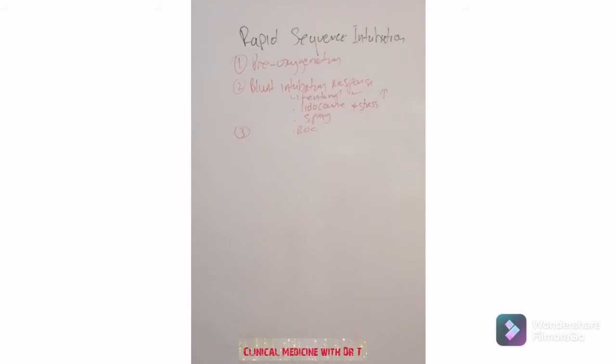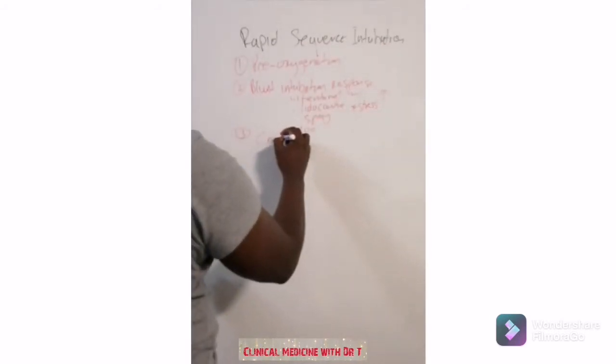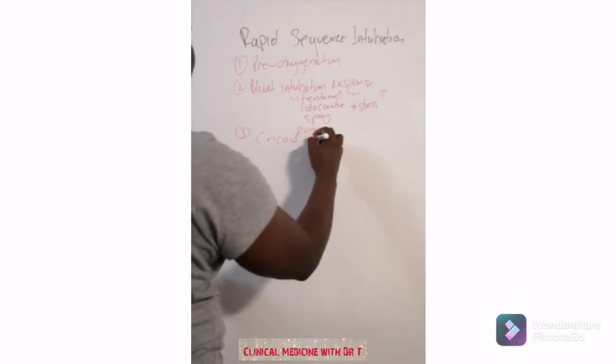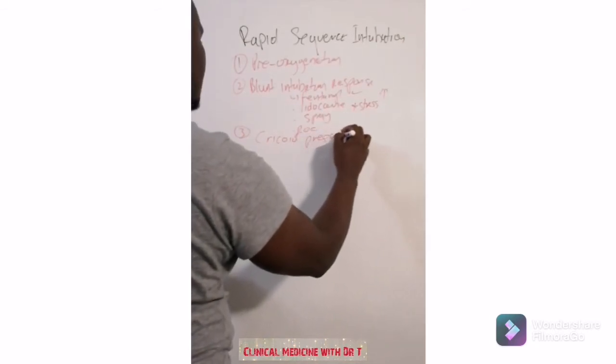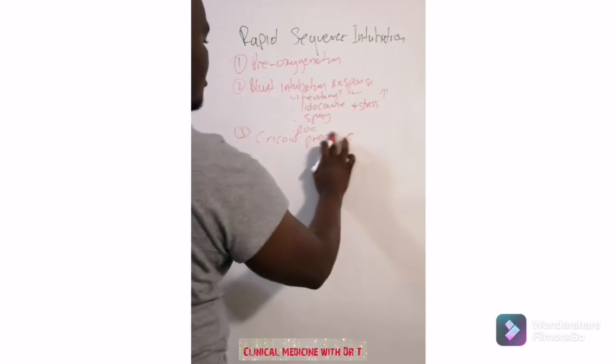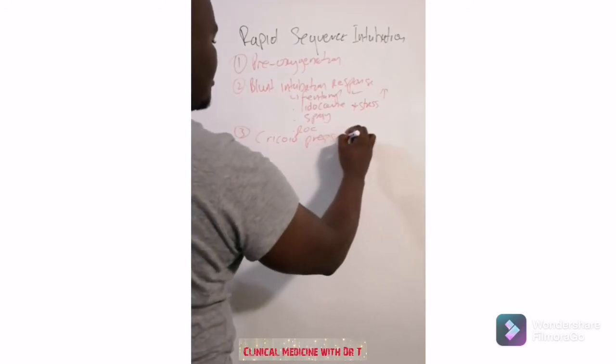And then the third drug, let's say the third step, is cricoid pressure. I'm gonna put it here. Cricoid pressure.